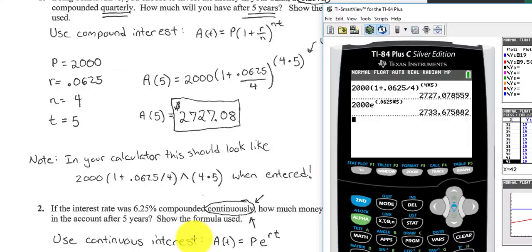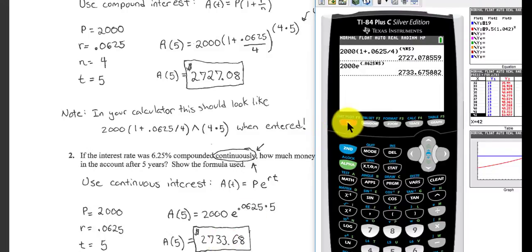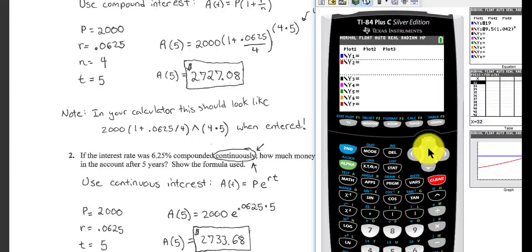Now, here's a question. Your lab does not ask this, but what if I were to ask you, how long would it take to double your money if your money was compounded continuously at 6.25%? So you'd have to ask yourself, well, what's double? If I start out with 2,000, double would be 4,000. So if I press Y equals, I clear this stuff out, right?